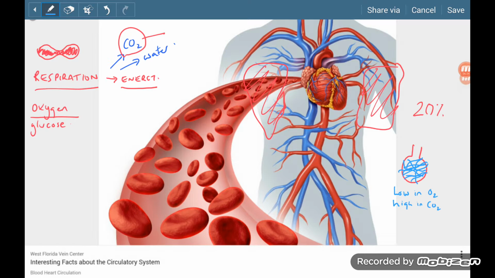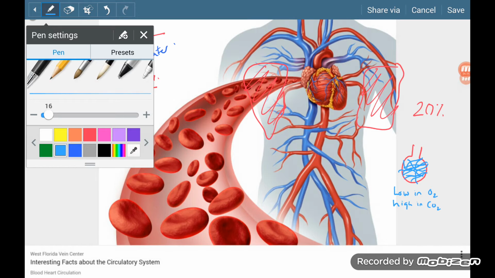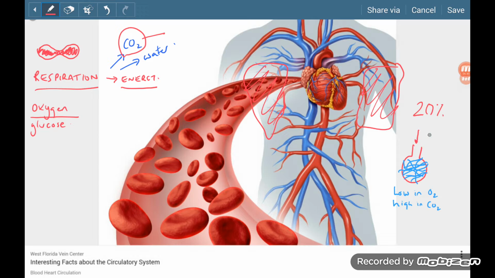And this is quite genius because, as I said before, the oxygen that comes into the alveoli is about 20% O2. So this is high in oxygen. But the percentage composition of carbon dioxide is only, you might be surprised at this, 0.04% in the atmosphere of CO2.